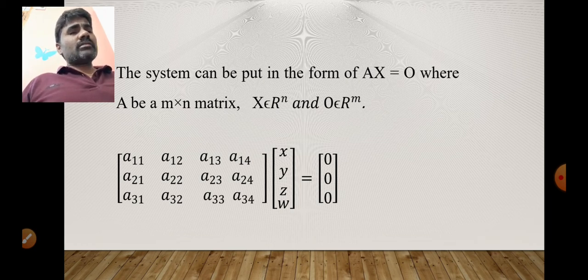Because for a homogeneous system Ax equals 0, the zero vector is always a solution. In the earlier case, with b not 0, the zero vector cannot be a solution, so it may or may not be consistent. But in the case of a homogeneous system, it is always consistent, since 0 is a solution for Ax equals 0.